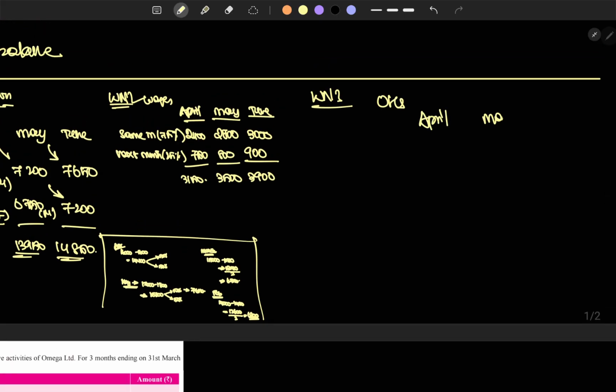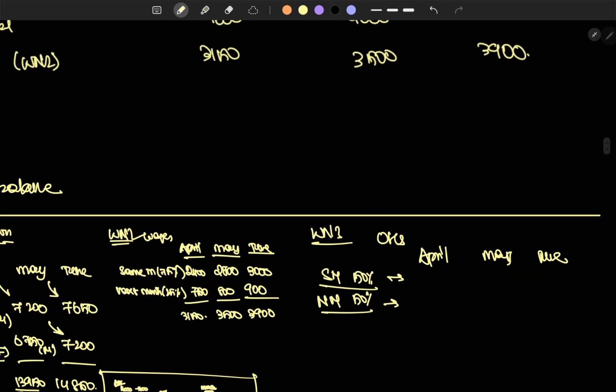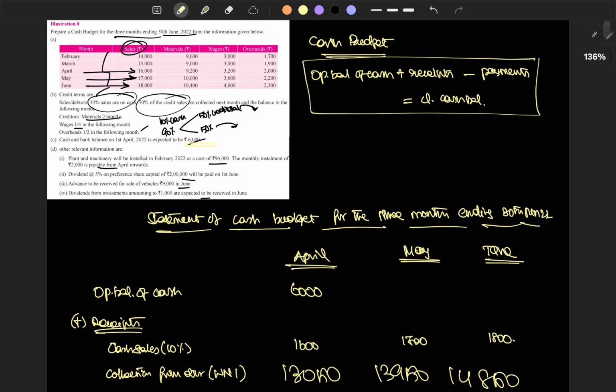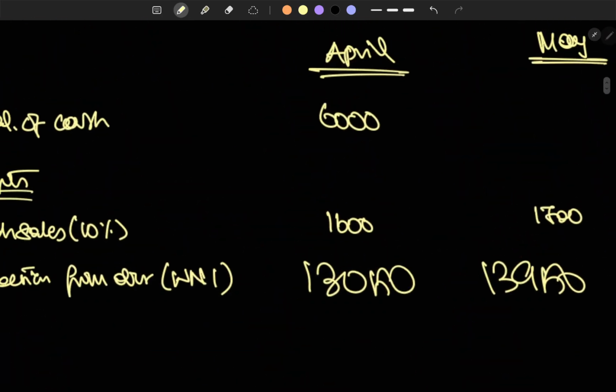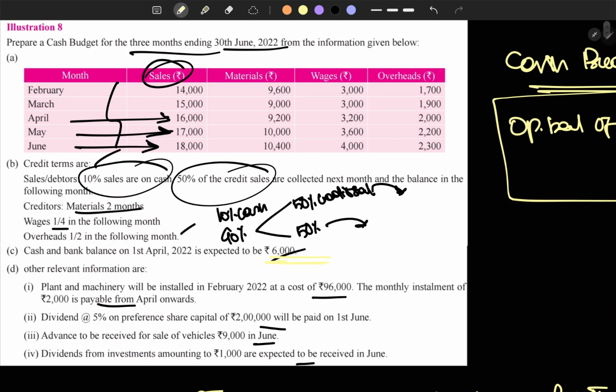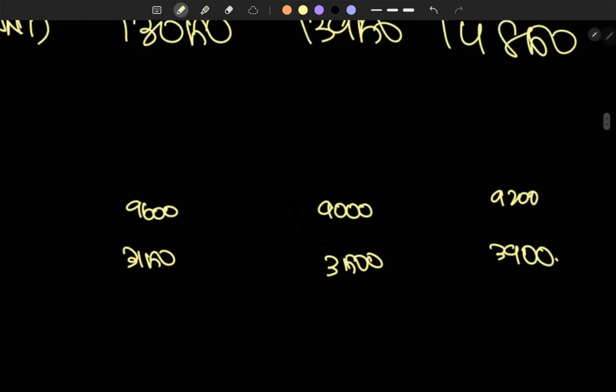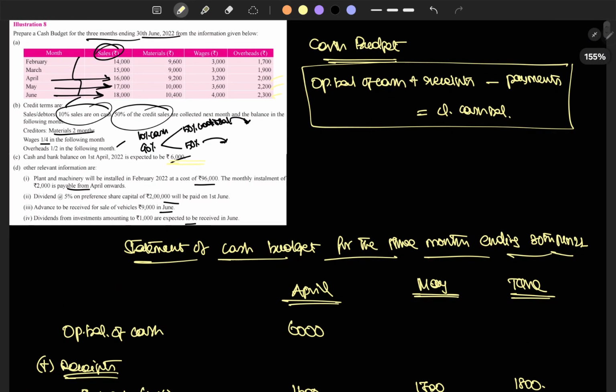April, May, June. 50 percentage, same month, next month. Overheads 1,000, 1,100, 1,150. 50 percentage of 2,000, 2,200, 2,300, right? So that's what we have given here.